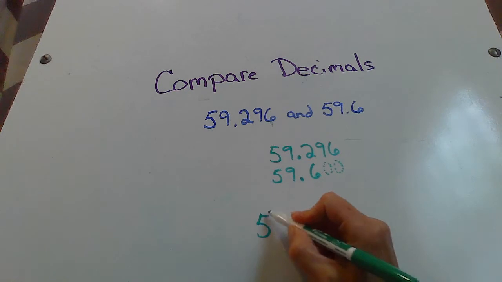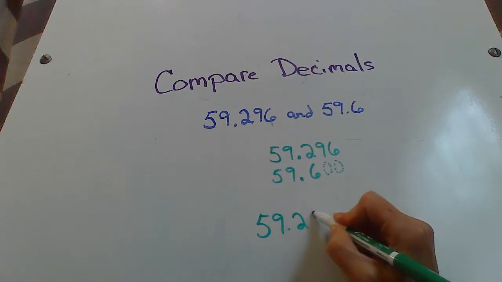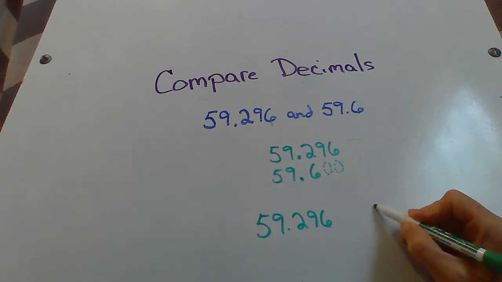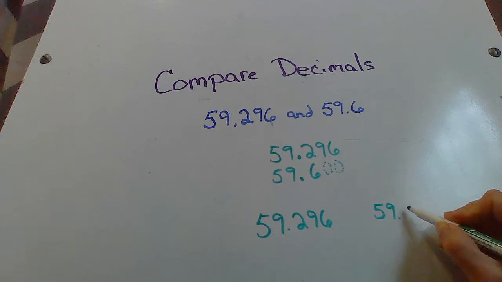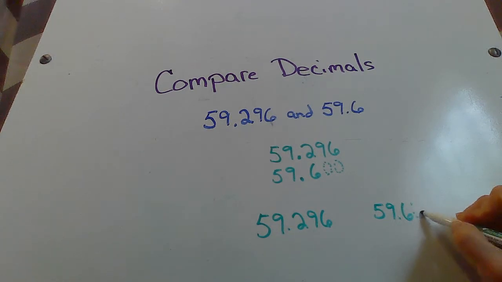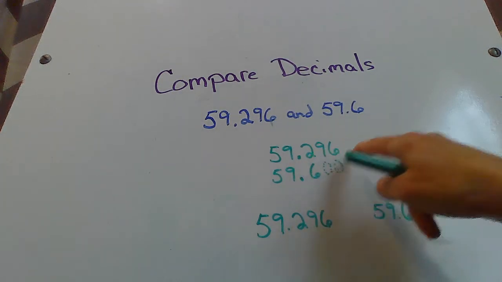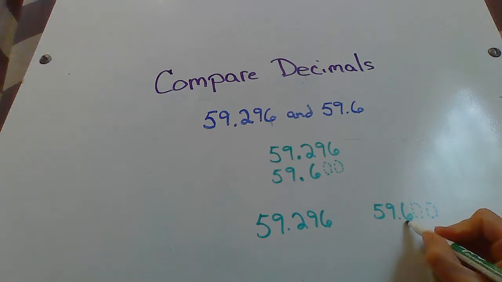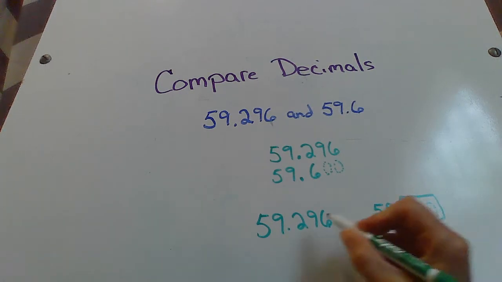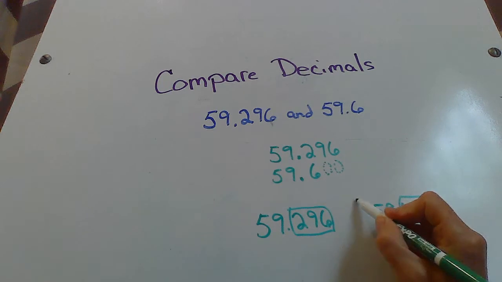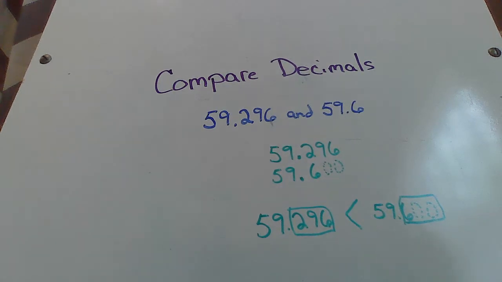So if you were to compare the two, we know that 600, again, you can add on those two zeros so that they both go out, sorry, it is 600, this is 296. But you'll notice that this number here is larger than that number there. So you would have to put a less than sign in.